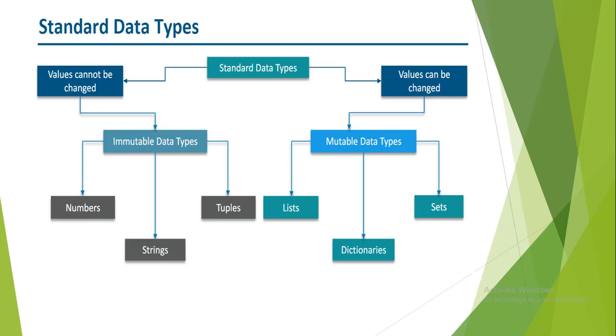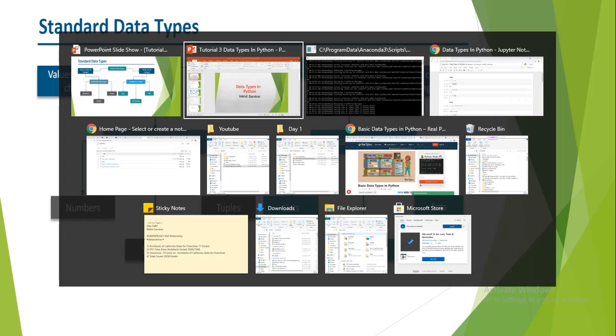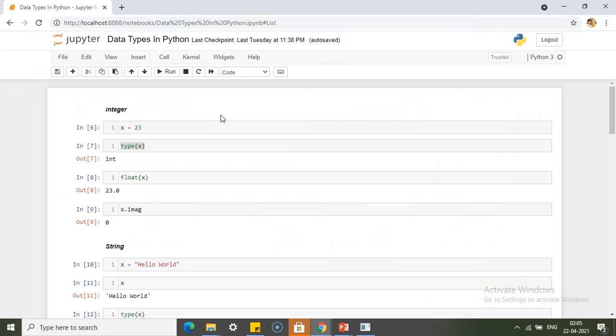I will tell you how we can store different data types in variables. So let's go for the coding now. Here I write the script for integer, meaning how we can store an integer into a variable.